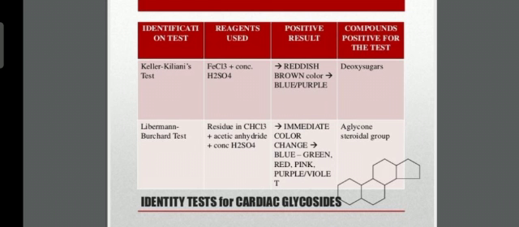Next one is the Liebermann-Burchard test. In this test, the reagents used are residue in trichloromethane plus acetic anhydride plus concentrated sulfuric acid, and we get immediate color change: blue, green, red, pink, purple and violet. We can say that the compound is an aglycone steroidal group.